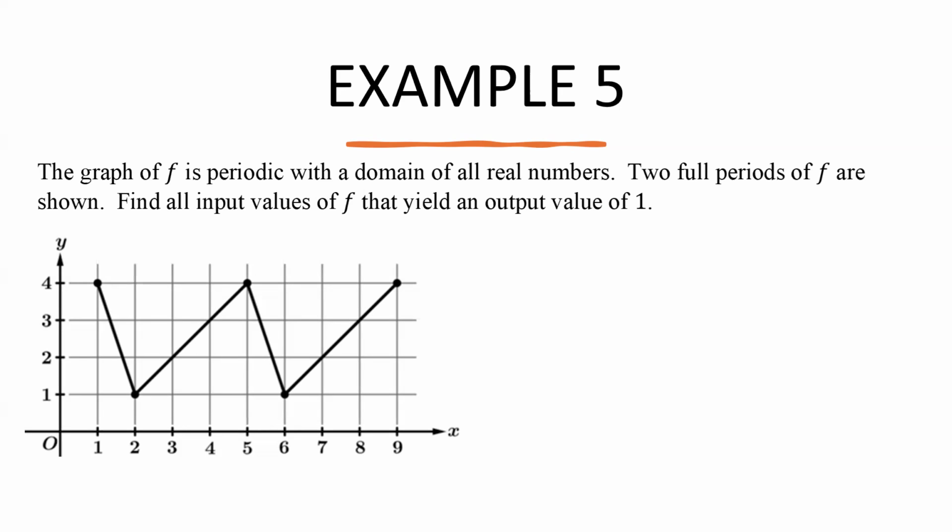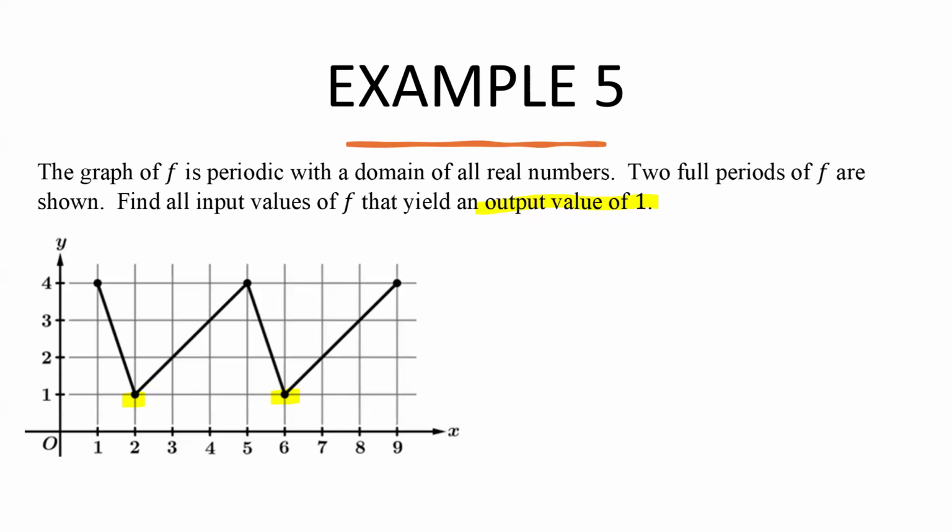When they're asking you for an output of the same value, that means you're writing it with a K variable, because it's saying if this pattern continues, where would it keep going? What all values would have this? So we're looking for an output value of 1, and we get an output value of 1 at 2 and 6.